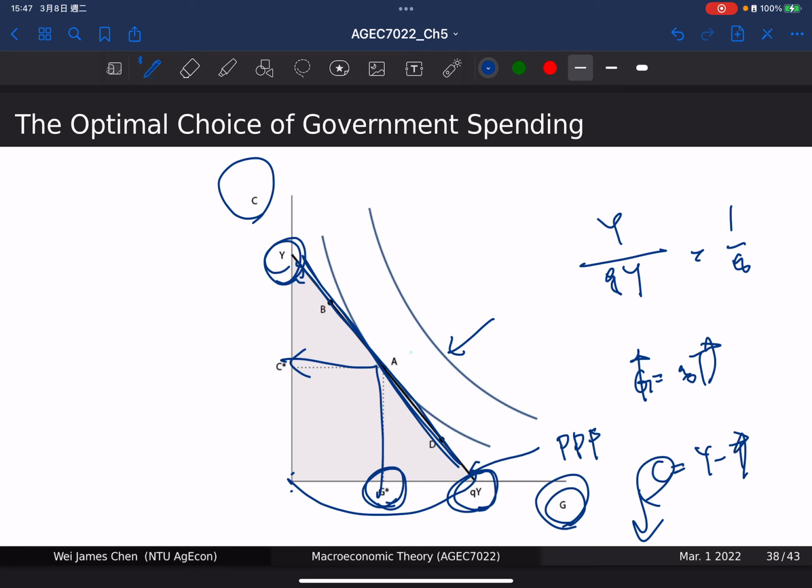And we assume that the government knows the utility function of the consumer, right? So that it knows the indifference curve, and the government can optimize for the individual.